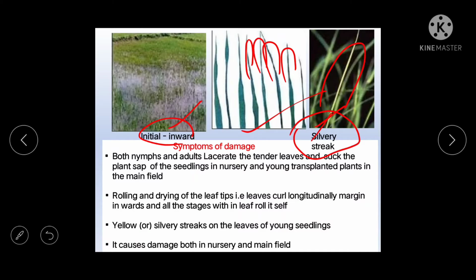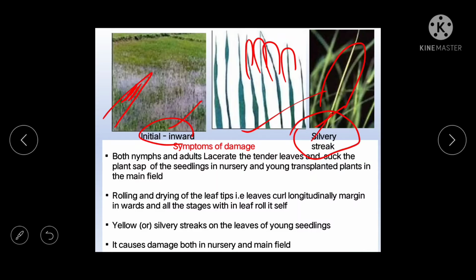So now the nature of damage, how they will cause the damage, that is known as nature of damage. So see, first what will happen, both the nymphs and adults, they will lacerate the tender leaf. Lacerate means they will first collect the sap of the leaf, then they will make their mouth in a conical shape and they will suck that sap from the leaf.